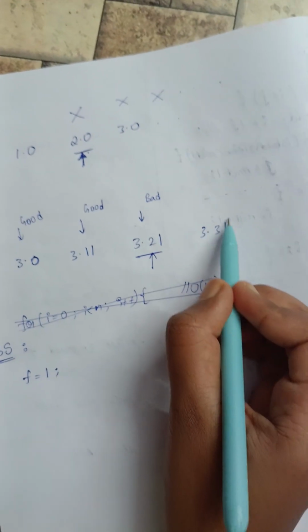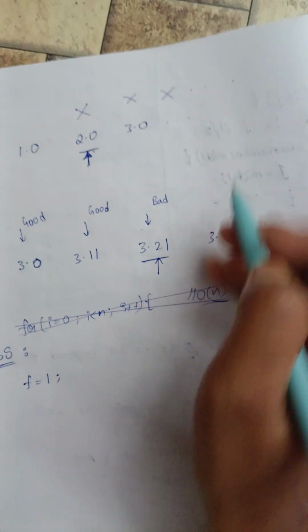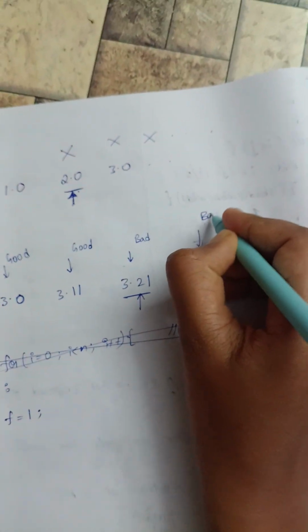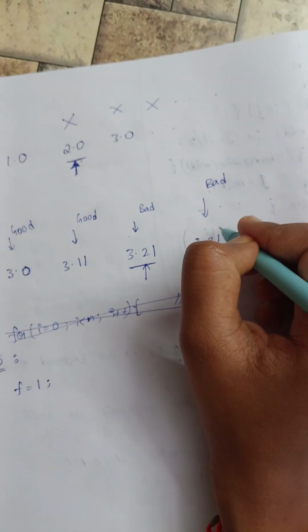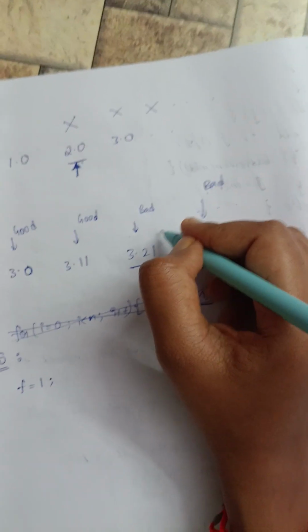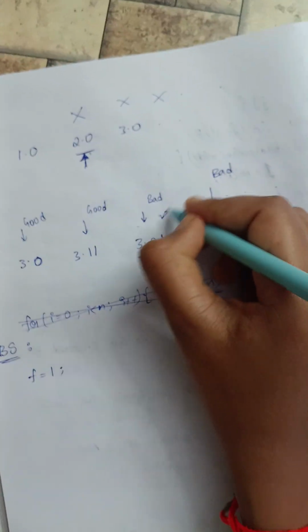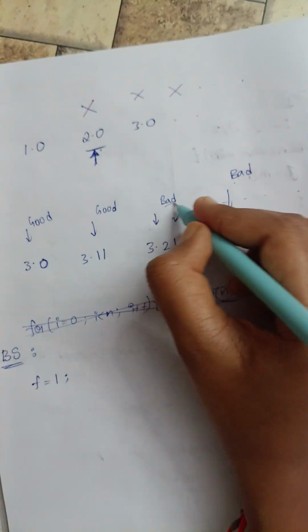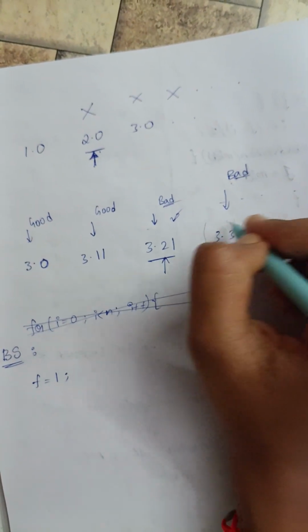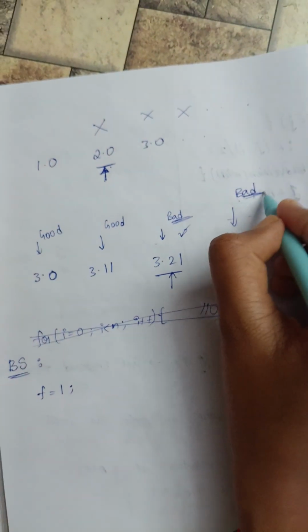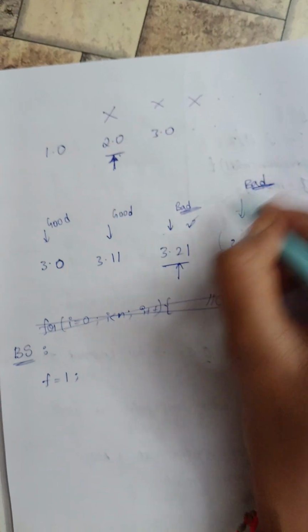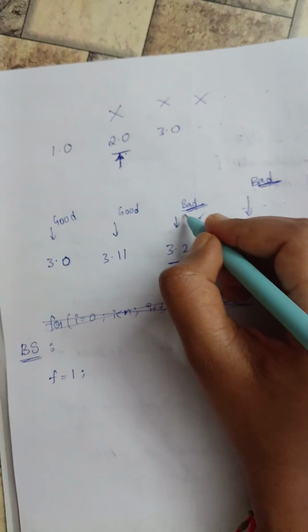Even if we find a bad version, the ones after it will also be bad. If we take this as the answer, it won't be the correct answer, right? We need to find the first bad version. This is the correct answer. Maybe both of them are bad. We need to check for bad, not for the values. If we have found this as bad, we cannot return it as the solution. We need to find the initial bad version.